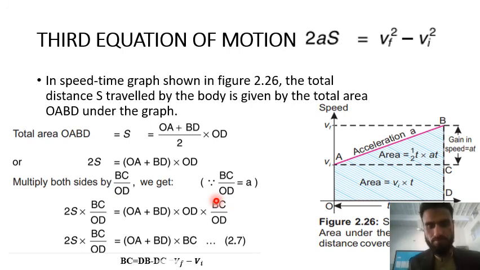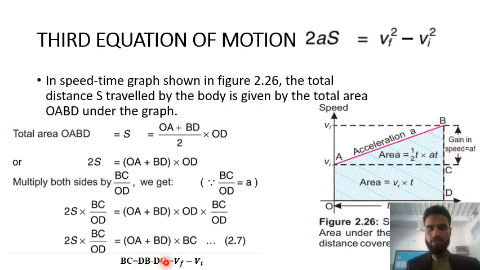Now if we look at the graph, BC is equal to, we have already discussed that BC can be written as BD, this total line, minus CD, this line. So if we subtract this portion from this total line, we will get this line.